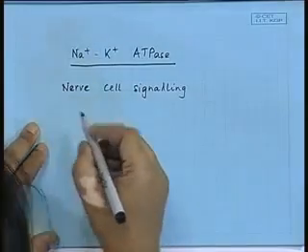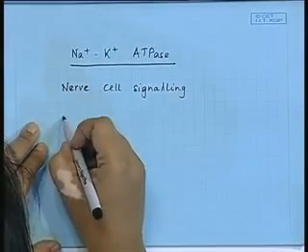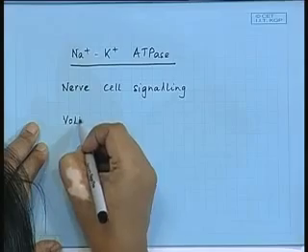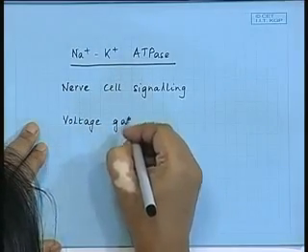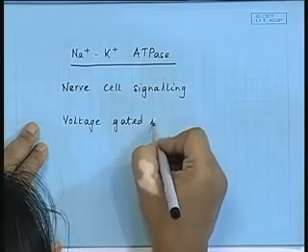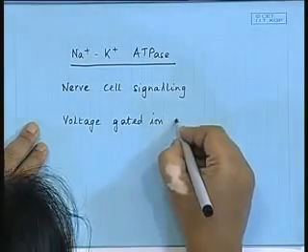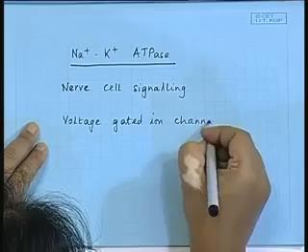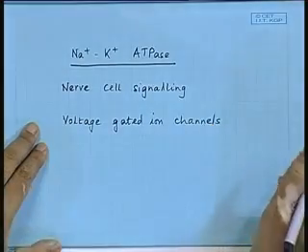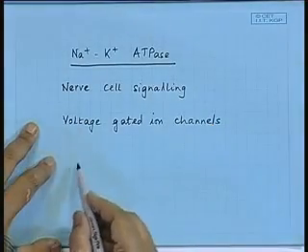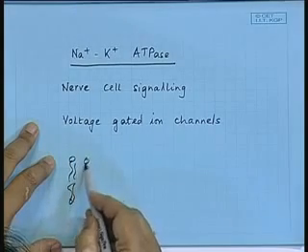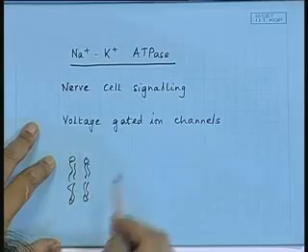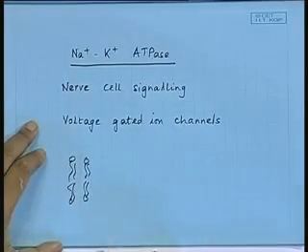Okay. Then what you have in these cases is what are called voltage gated ion channels. Okay. So, in these voltage gated ion channels, what do we have? When we have our lipid membrane, for example, in gramicidin, what happens?